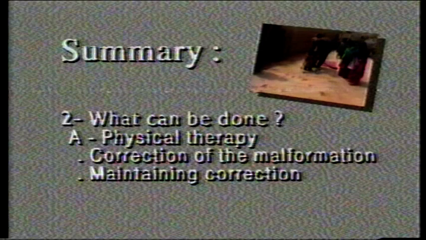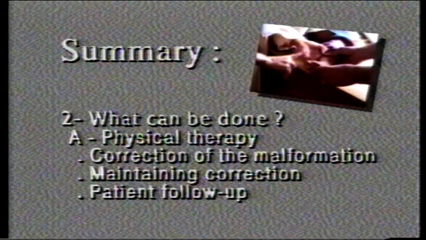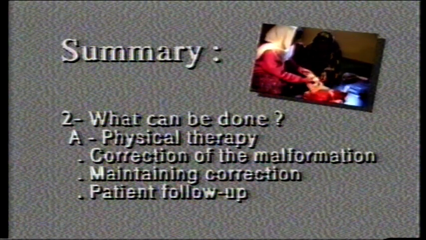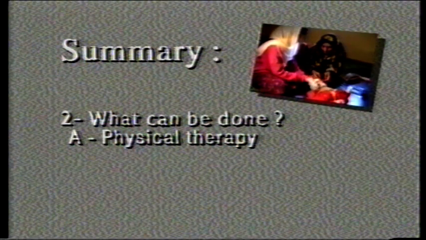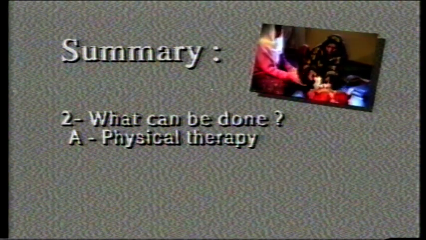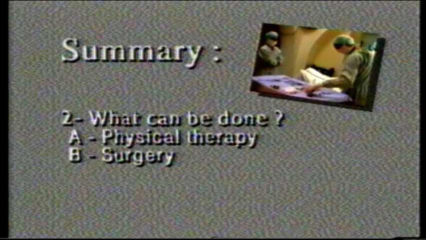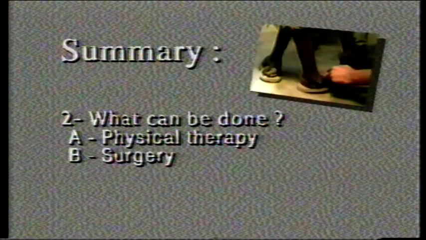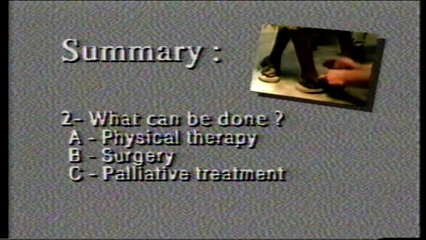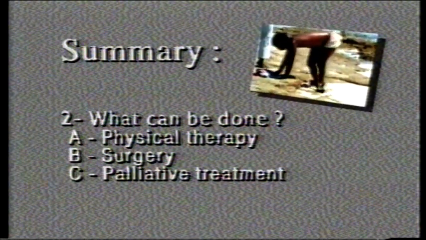Third, regular, long-term patient follow-up. It is essential that the family be involved in each stage. Occasionally, surgery may be necessary, but only as a last resort. For adults who have never had any treatment, providing shoes for comfort is the only useful manner of treatment.